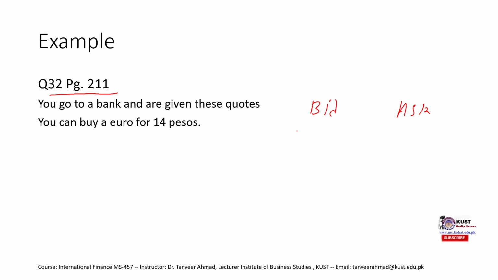and we are just going to fill these columns. The first exchange rate is you can buy a euro for 14 pesos. Obviously, if we can buy the euro for 14 pesos, that means the bank is selling the euro for 14 pesos. So the selling price of the euro for the bank is 14 pesos.